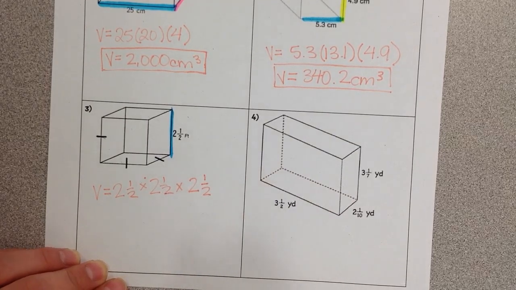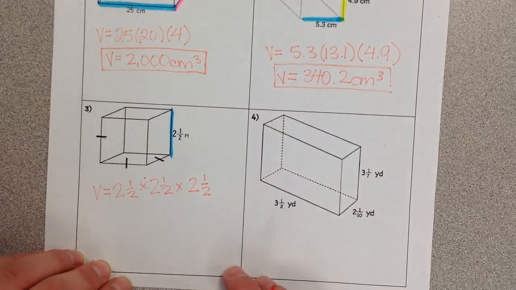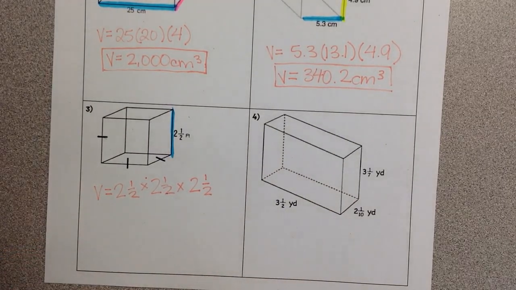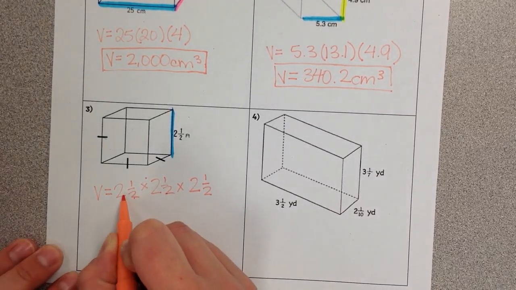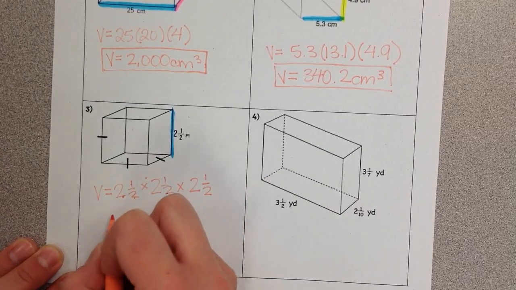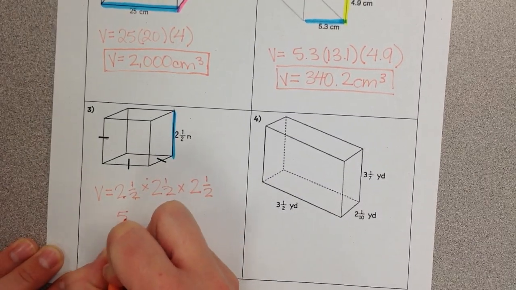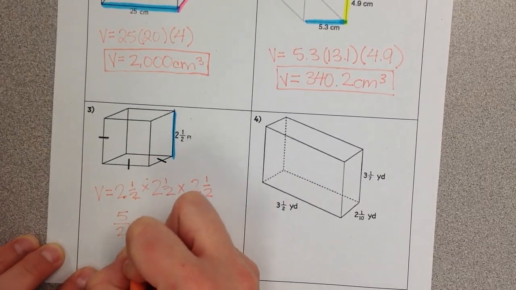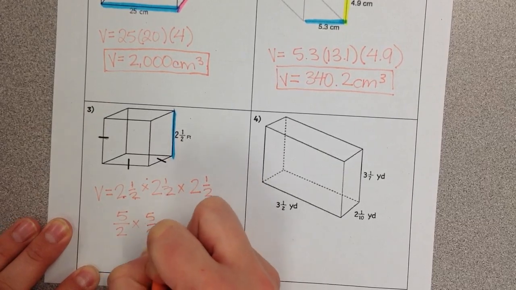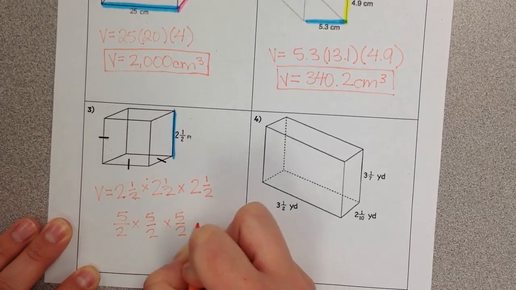We know when we are multiplying mixed numbers, we need to turn our mixed numbers into improper fractions first. So 2 times 2 is 4, plus 1 is 5. So all of these are going to be 5 halves. 5 halves times 5 halves times 5 halves.